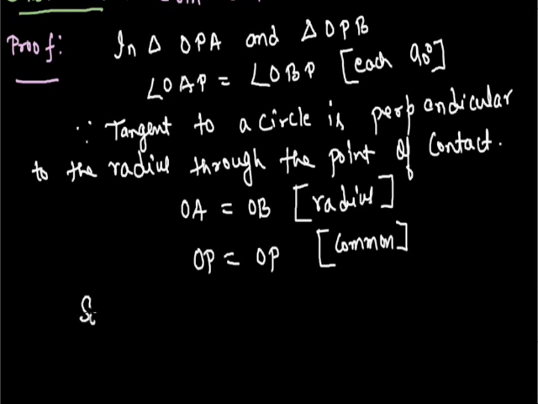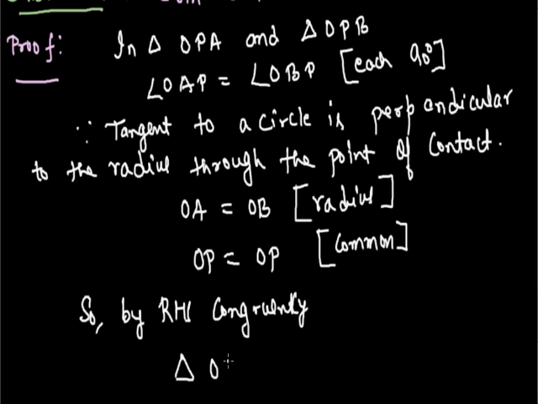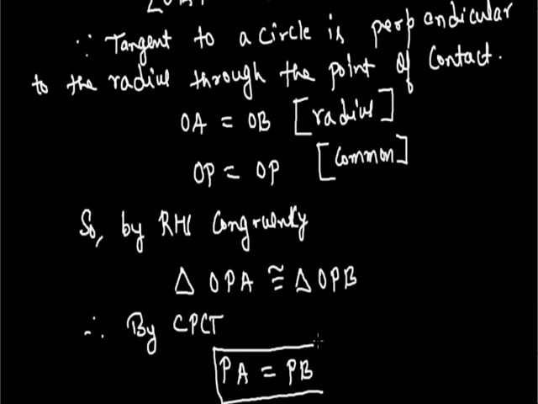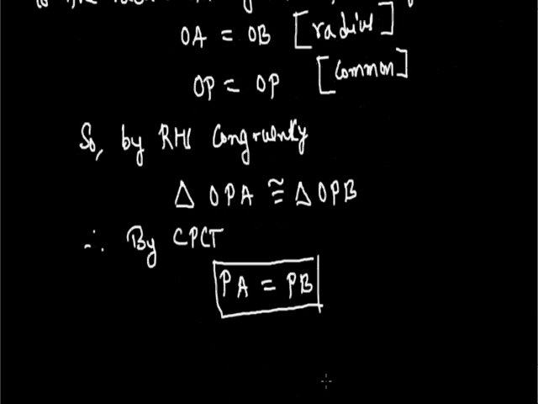So by RHS congruency, triangle OPA is congruent to triangle OPB. Therefore, by CPCT, PA equal to PB. So length of tangents drawn from external point are equal.